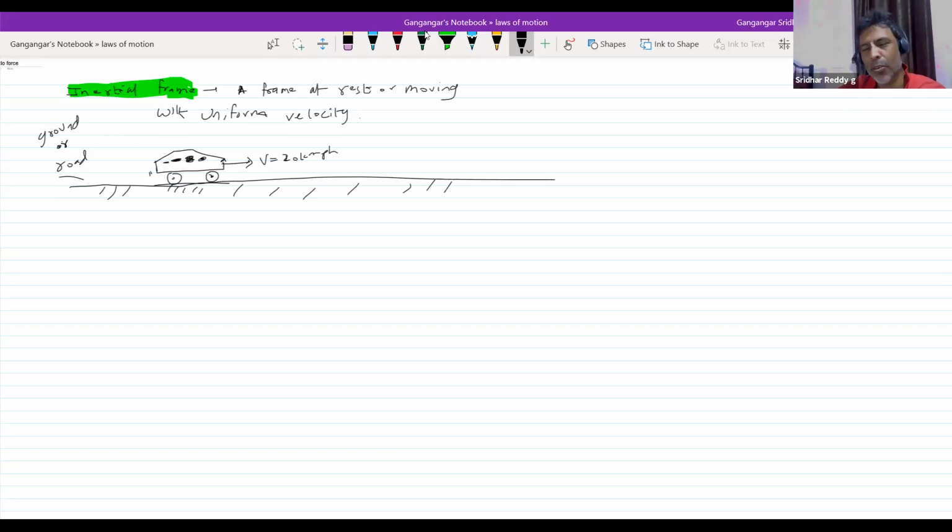So the road or the ground lies on the earth, and what is the state of the earth? It is rotating about its axis. Actually the axis is tilted, for the time being let me take it here. So that road is somewhere here, no?